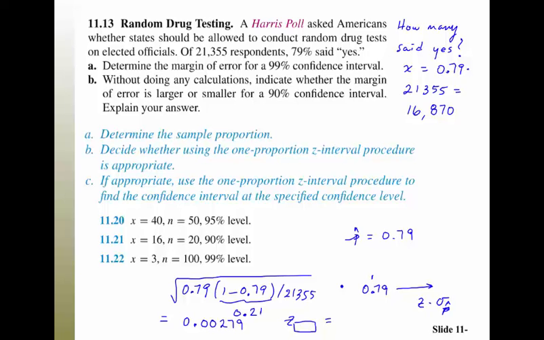What's that called? Not the critical value, that's what we're finding. But significance, right? What significance level will we have if we're doing a confidence interval with a margin of error 99%?